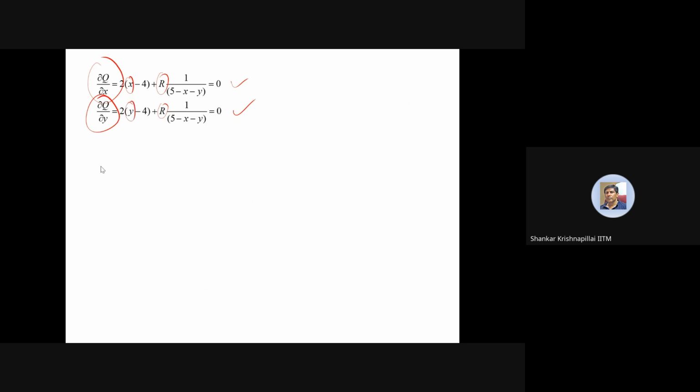So x and y can be interchanged, which means x is equal to y. So you can ignore one of these equations, and here instead of y you put x. So 2 into (x minus 4) plus r by (5 minus 2x) is equal to 0.